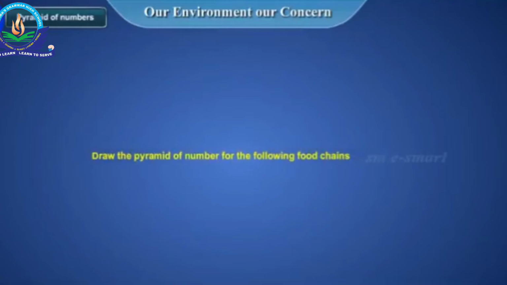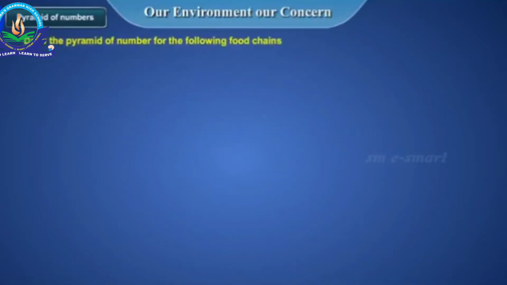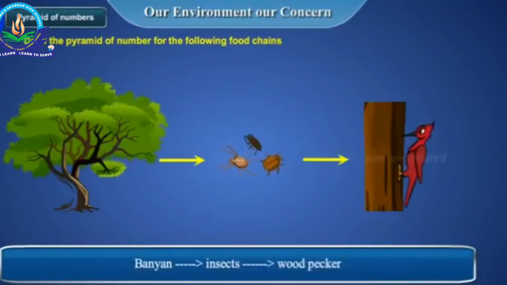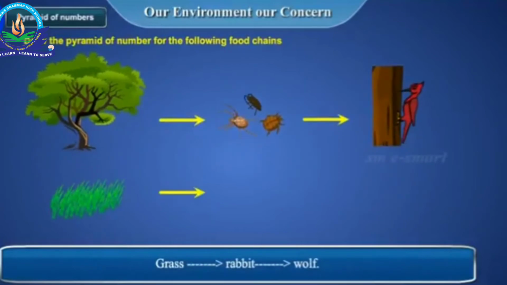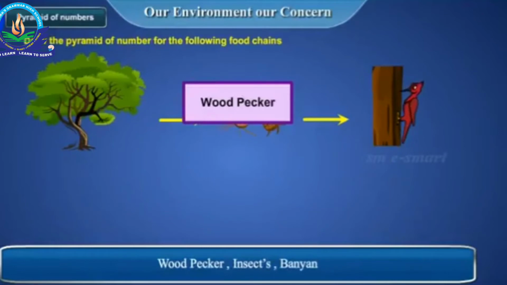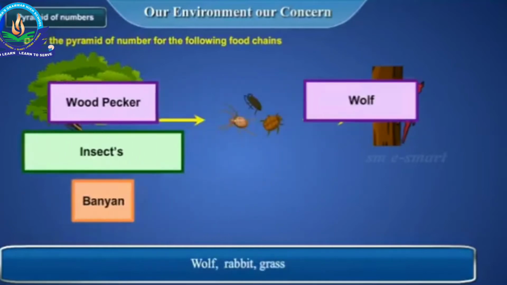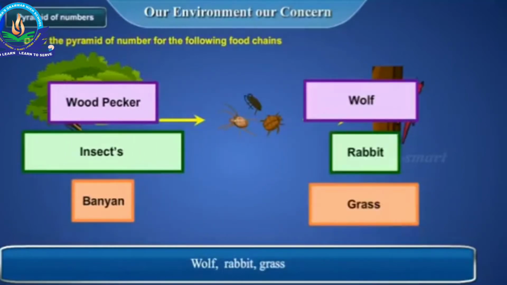Draw the pyramid of number for the following food chains: banyan, insects, woodpeckers; grass, rabbit, wolf. Woodpecker, insects, banyan; wolf, rabbit, grass.